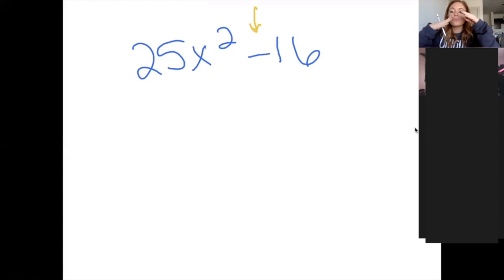If you need to rewrite your perfect squares, or Google perfect squares, so you can remember: you have 1, 4, 9, 16, 25, 36, or you can write them down right now.